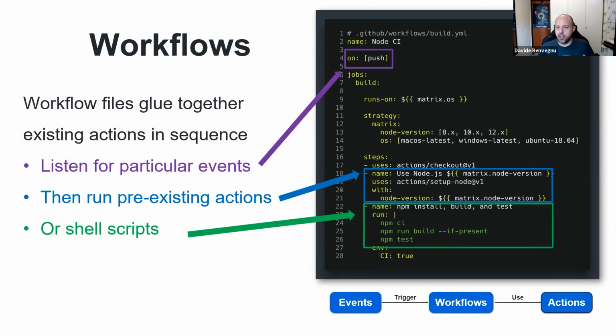There are, of course, a lot of other actions that are pre-built and usually are for more complex operations. Like the use Node.js you can see on screen, it's an action that does a series of things. So it makes sure, for example, that Node.js is installed on the machine this action is running. If it's not installed, it installs it. It makes sure the right version is installed.